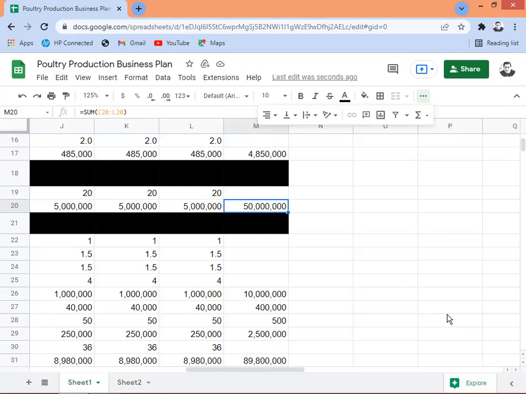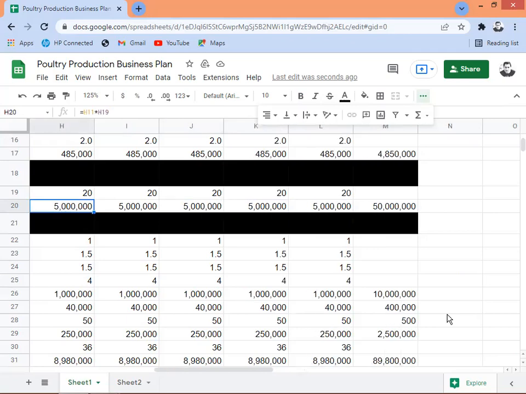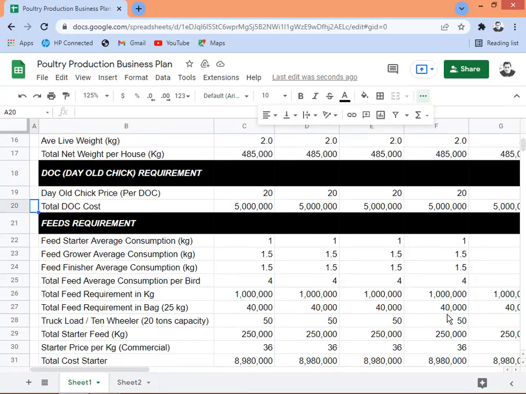If you're going to double the house, let's say 20 houses, then you need 100 million as your capital to buy the day old chicks, if you don't own the hatchery plant. If you own the hatchery plant, then the thing that you're going to buy is the hatching eggs from a breeder farm.